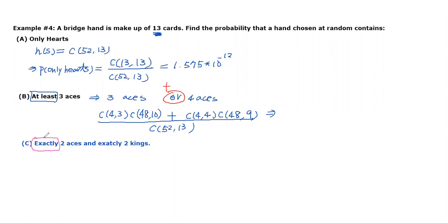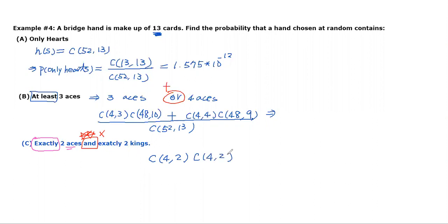The last one talks about exactly 2 aces and exactly 2 kings. Did you see the keyword "and"? That means multiplication. Exactly 2 aces means out of the 4 aces, I need to take 2, and out of the 4 kings, I need to take 2.